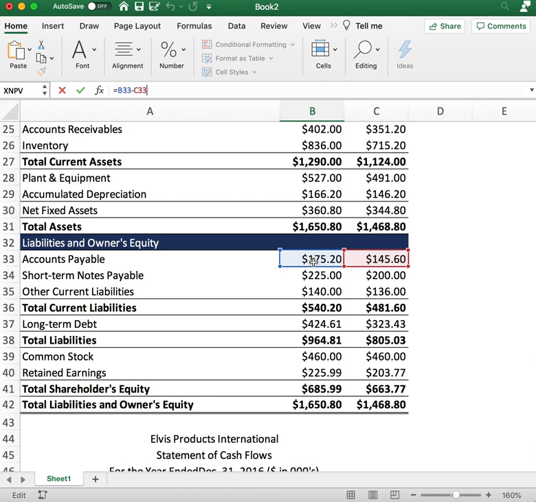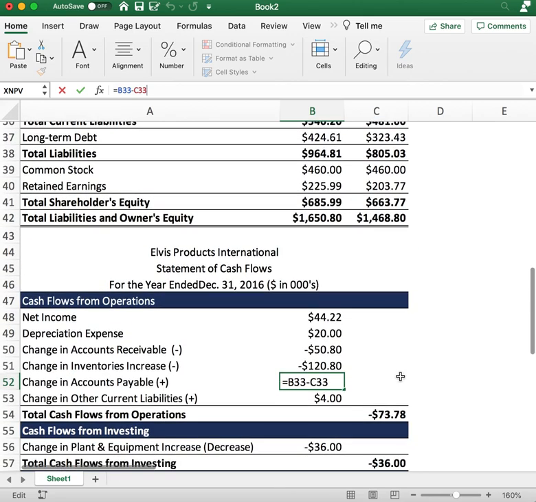And this could be money that was given to us, and we owe either the good or the service to the customer, but they've already paid us for it. So it's a liability because we still need to perform the service or we still need to deliver the good, but we've already received the cash from the customer. So that's why we're going to add it to the cash flows from operations.